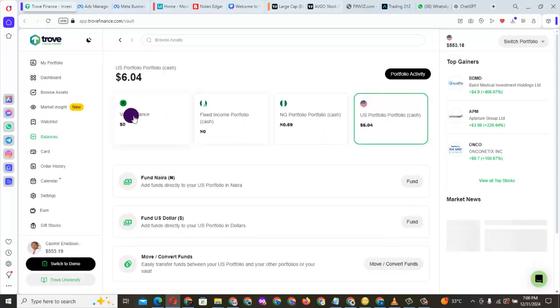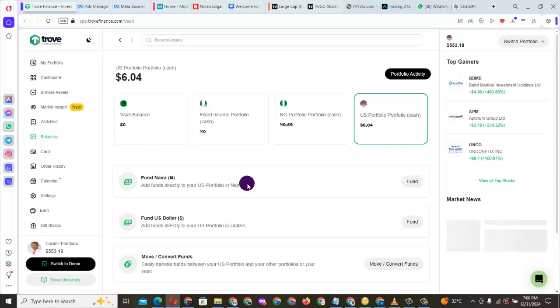You can see. So here you see the VAT balance. VAT balance is the same as fixed local account. Do you understand that? So that is how it is. So what you majorly need is the NG portfolio and the US portfolio. Why you need this is because you want to be investing in foreign stocks. So that is about account.